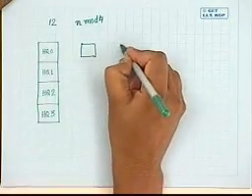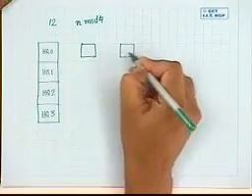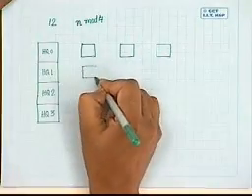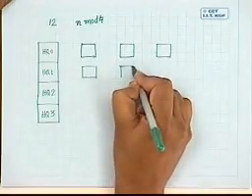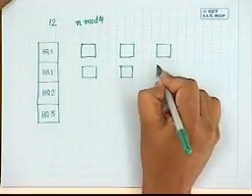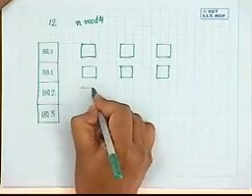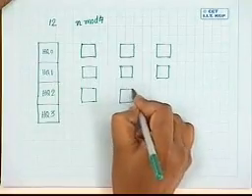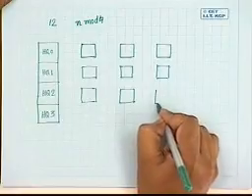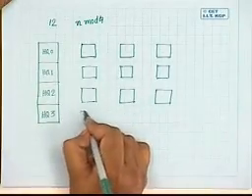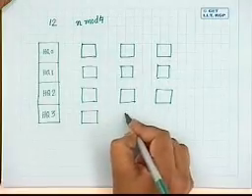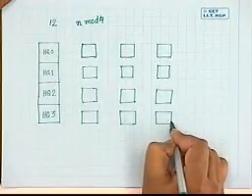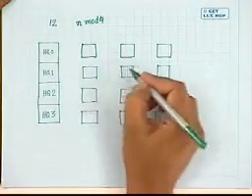In each of these hash queues, I have, say, 3 buffers.